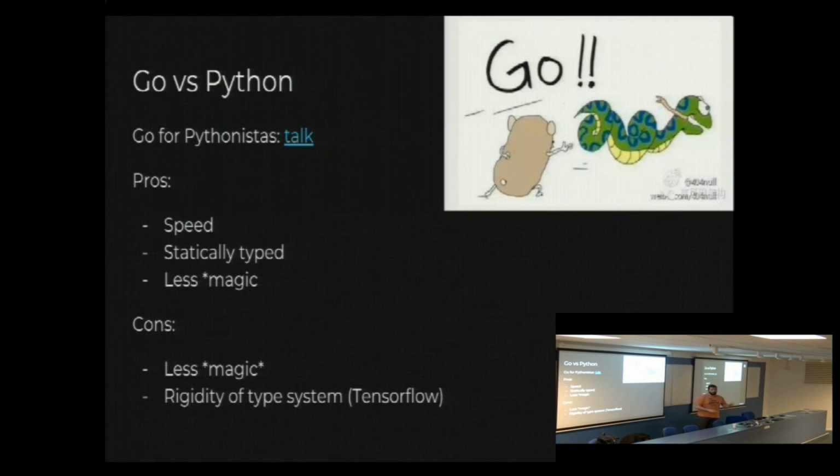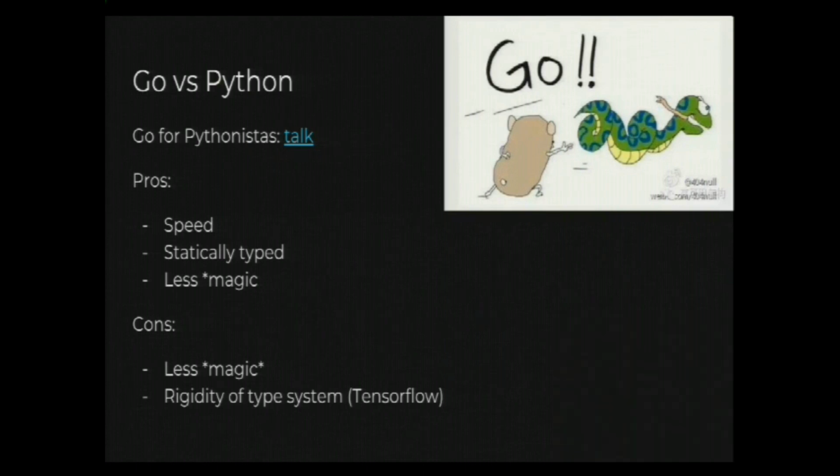Because CGo will check for a bunch of different things, like the fact that you are not sharing pointers and keeping references where you're not supposed to. So it became a little bit easier to use, but still kind of complicated. But if you want to call C from Go, CGo is the best way to do it. TensorFlow uses that, SDL2 uses that. There's a bunch of different things that use it.